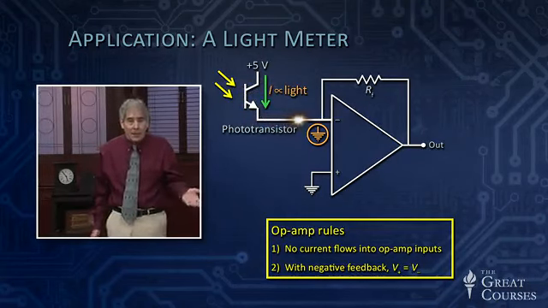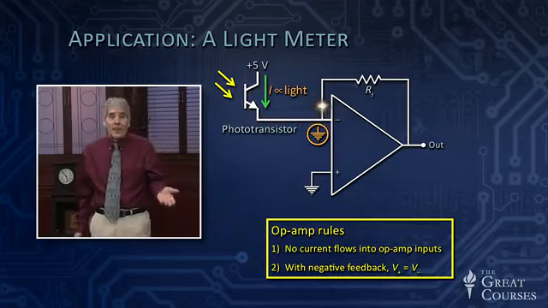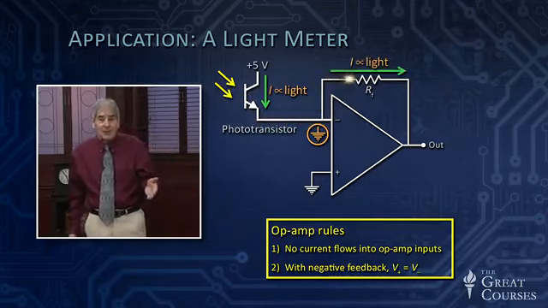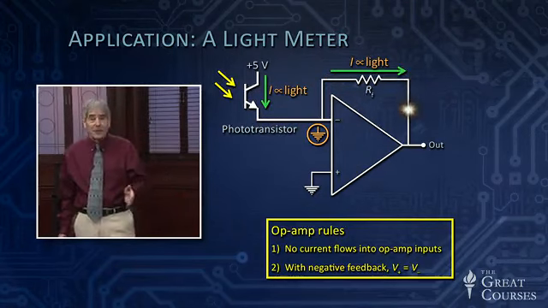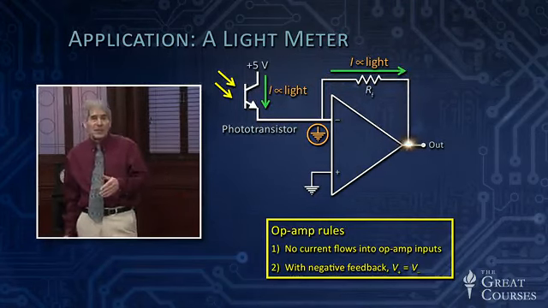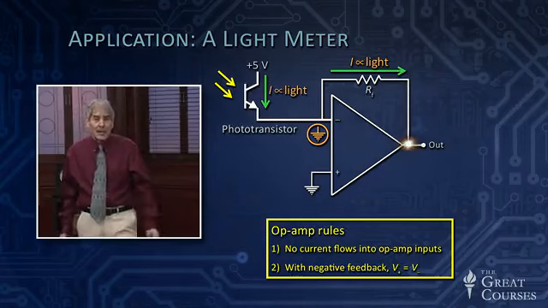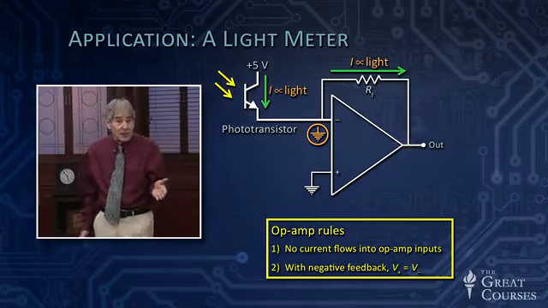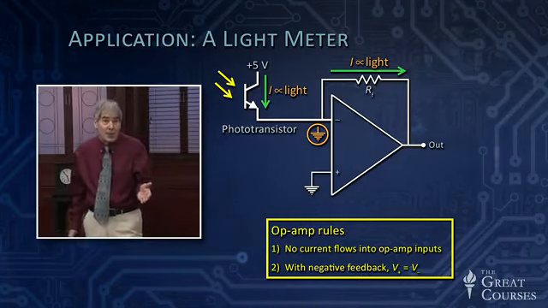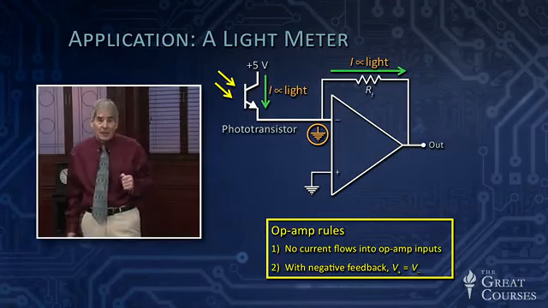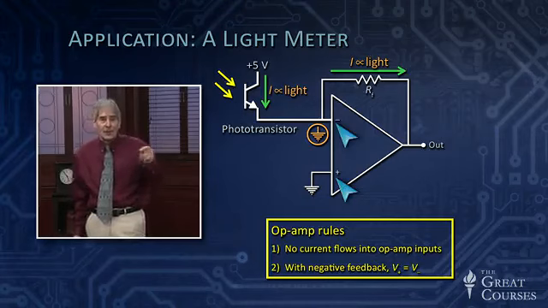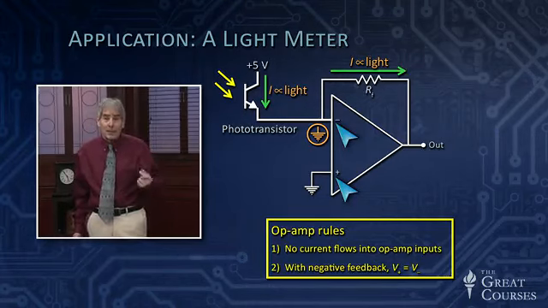That current, by the op-amp rules, can't flow into the op-amp, so it flows through the feedback resistor, where it causes a voltage drop across the feedback resistor. So the right-hand end of the feedback resistor is at a lower voltage than the left-hand end. The left-hand end is at 0 volts by op-amp rule number 2, because that says with negative feedback, which we have because of the feedback resistor, the two inputs, the inverting and non-inverting input of the op-amp, will be at the same voltage.